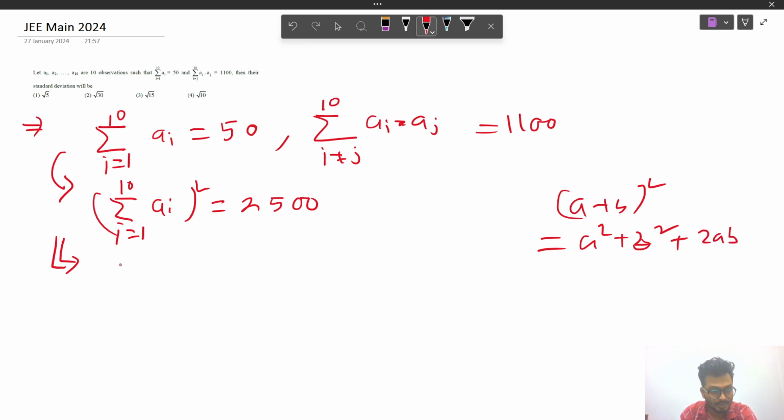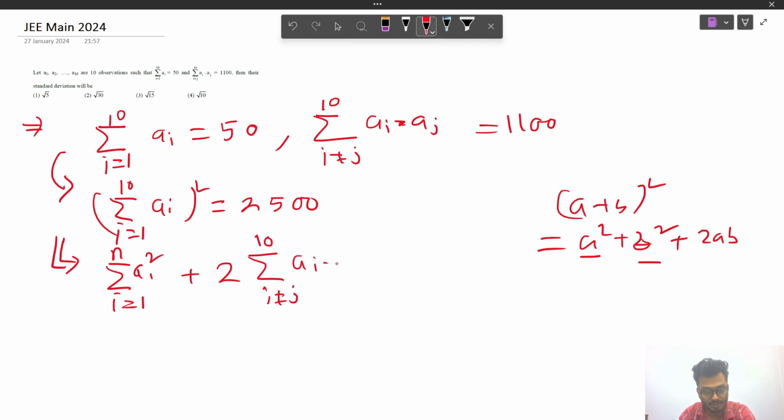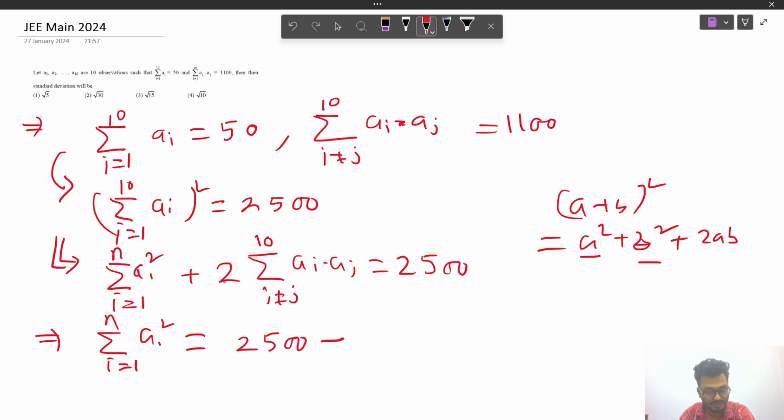Similarly here also, the summation of ai square plus 2 times the summation of ai into aj, for i not equal to j, equals 2500. Now this value is given, which implies that the summation of ai square equals 2500 minus 2 into 1100, which is equal to 300.